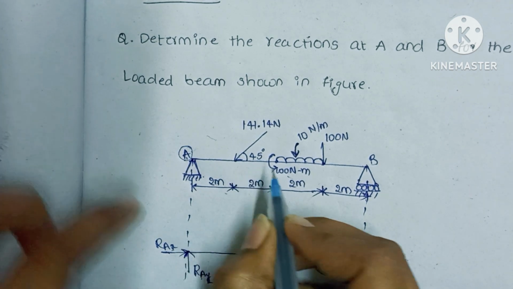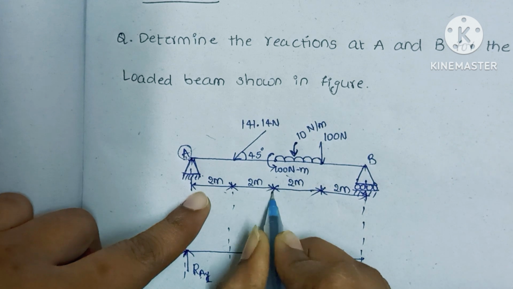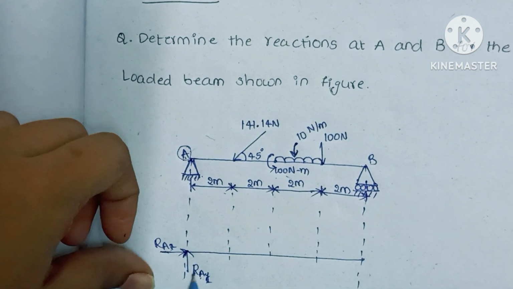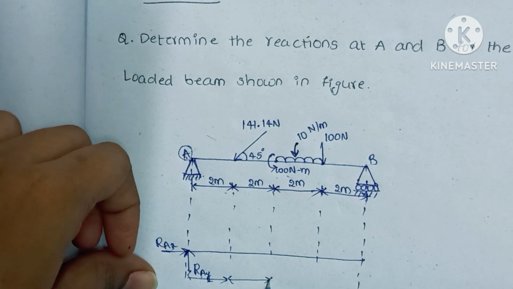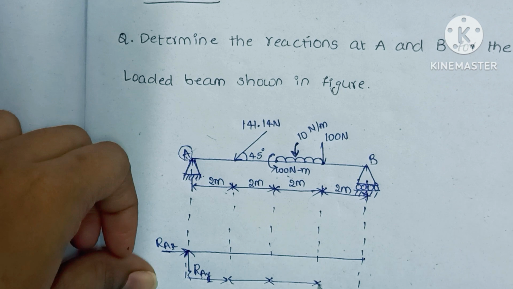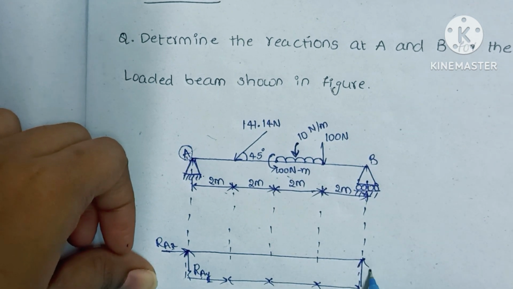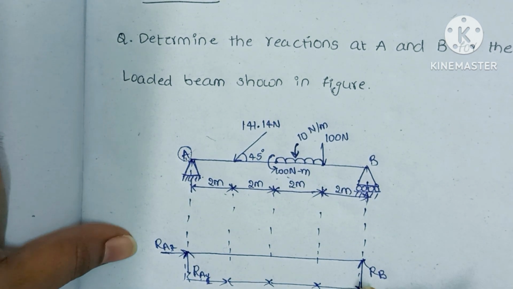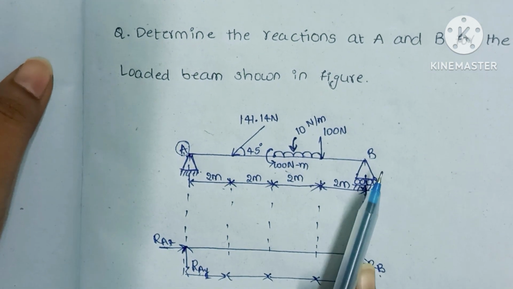Here we have 2 meters, here also 2 meters, and here also 2 meters. In each 2 meters we have forces. Here we have a roller support, so we have only one vertical reaction, which I am representing with RB, with no need to write RBY because only one reaction force acts at B.